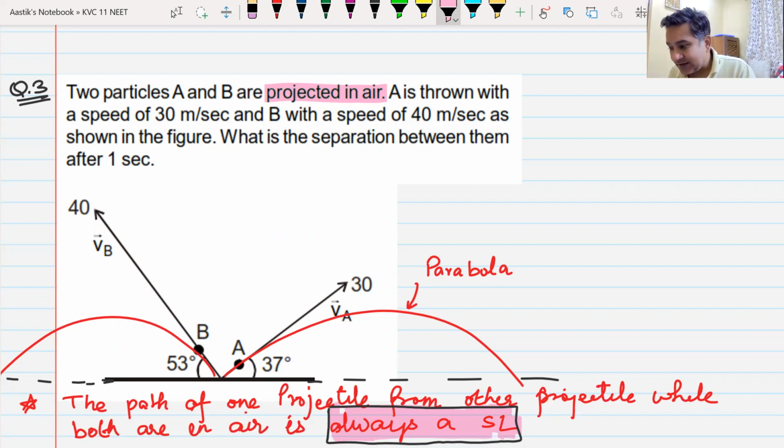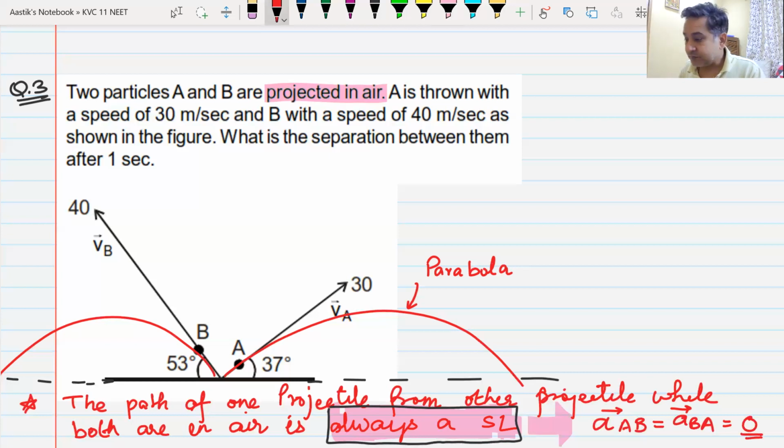Do we understand this? Why does this happen? This happens because the acceleration of the first projectile A with respect to B is equal to the acceleration of B with respect to A, and that is equal to 0. So remember these 2 points.